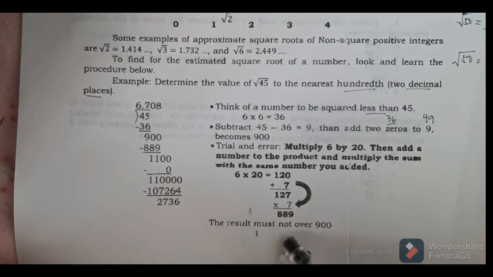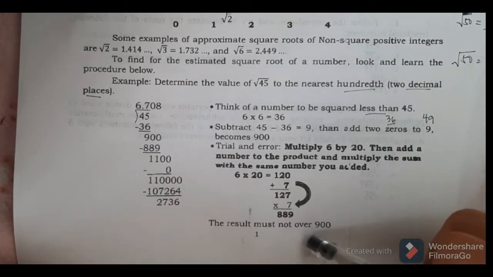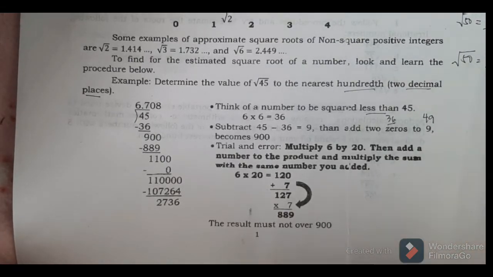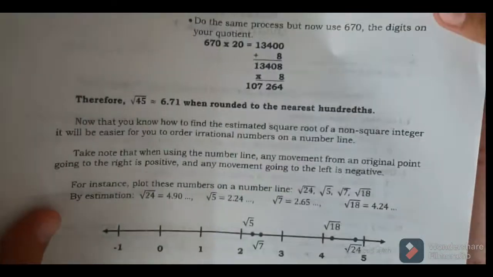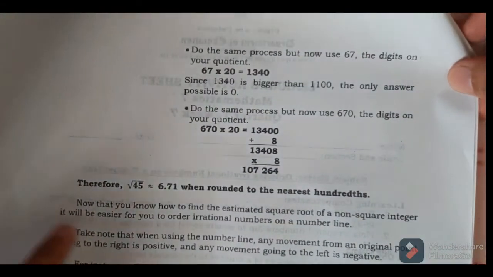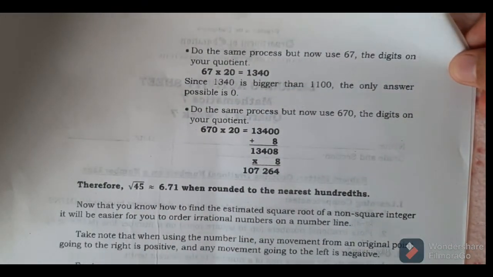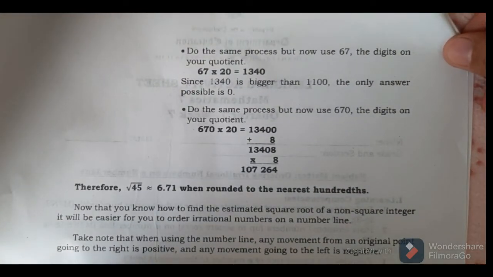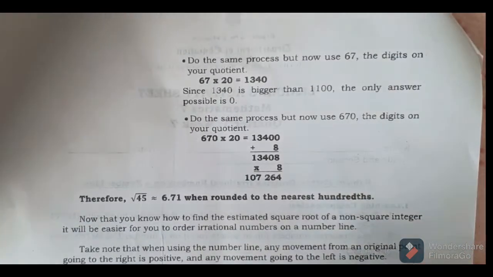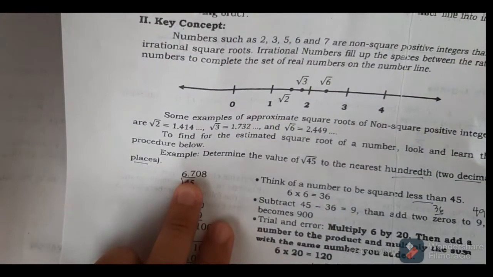Then, remember, the result must not go over 900. Okay? Then, we're just going to do the same process, but now use 67, the digits of your quotient. Kung kanina nakuha natin 67, di ba? Here, 67.